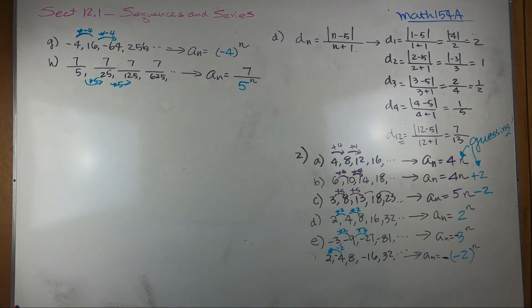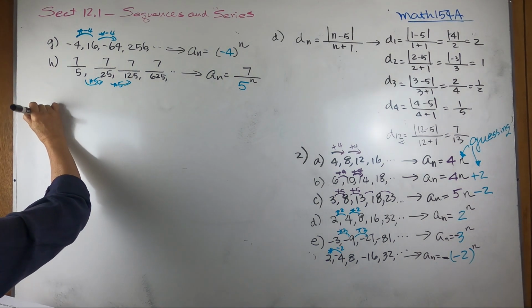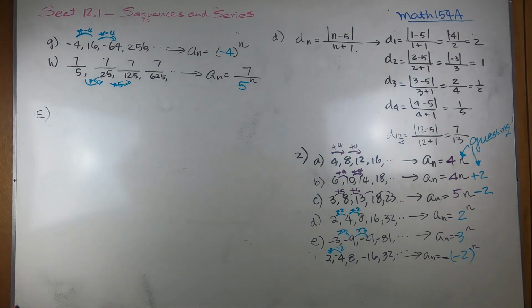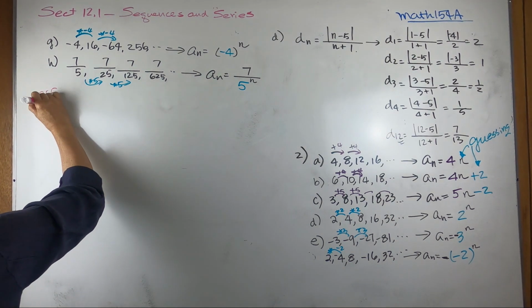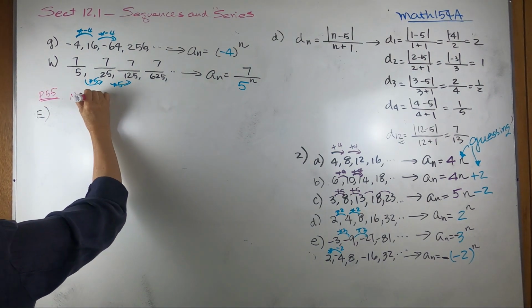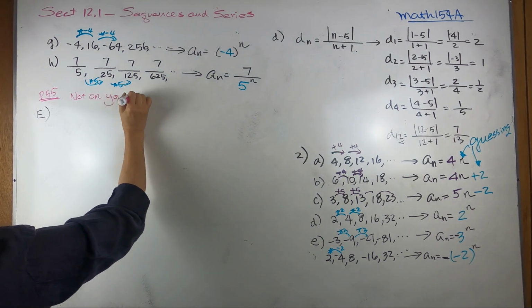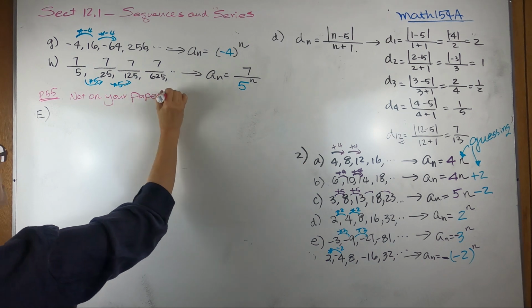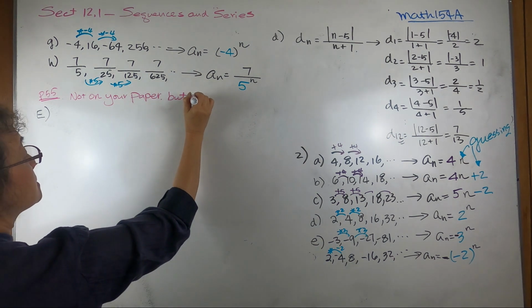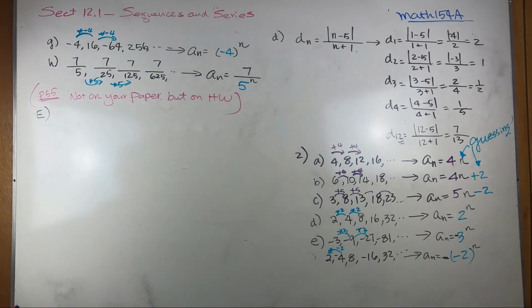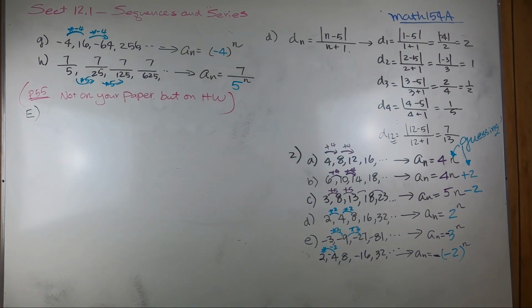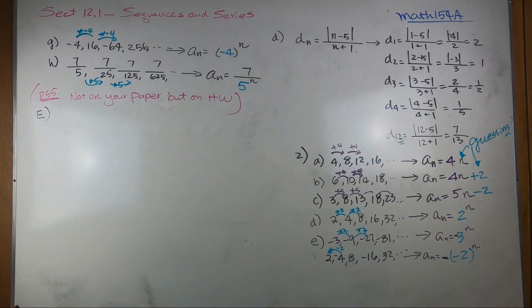Let's take a look at the next part. Okay, we are on page 55. This one is not on your paper, but it's in the homework, so we need to cover this. These are another type of pattern you might encounter later on.